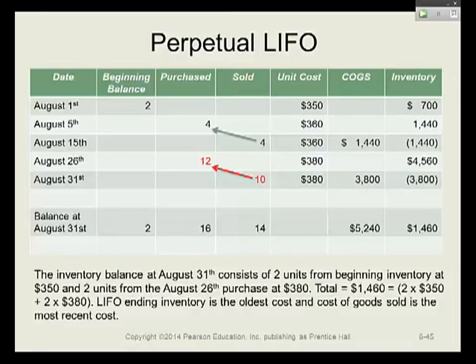So if you look down on the bottom of the screen, you'll see that your ending inventory is going to consist of 2 units at $350 and 2 units at $380 for a total of $1,460. So your ending inventory is $1,460. Cost of goods sold is $5,240, and the total is once again $67. It has to add up to the total amount of goods available.